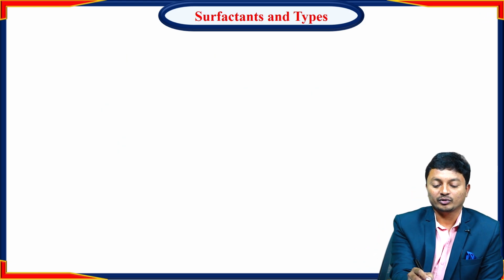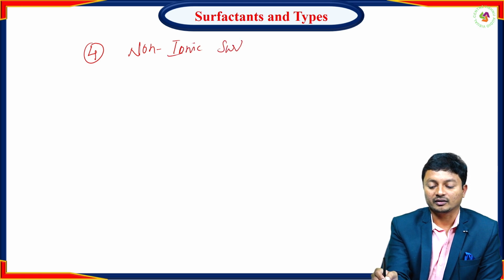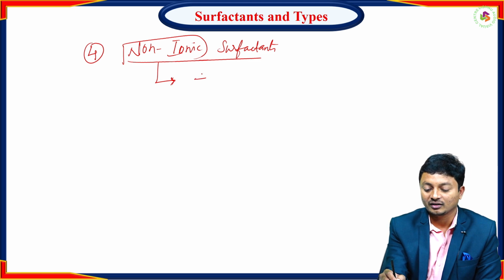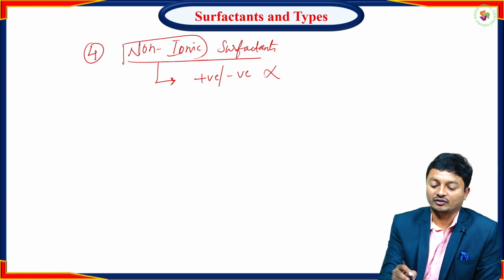The fourth type of surfactant is non-ionic surfactant. The name indicates itself that it is non-ionic, meaning there is no positive charge and no negative charge on the head portion of the surfactant.